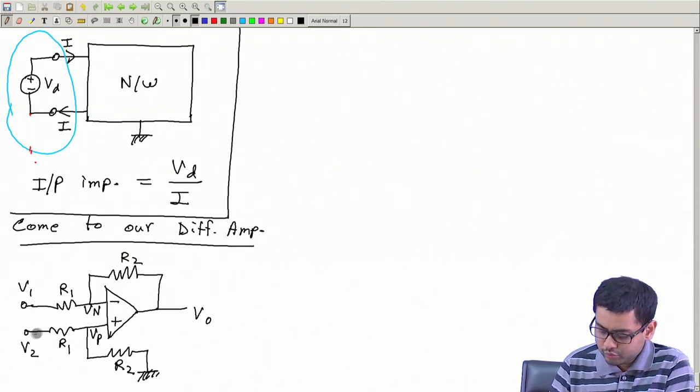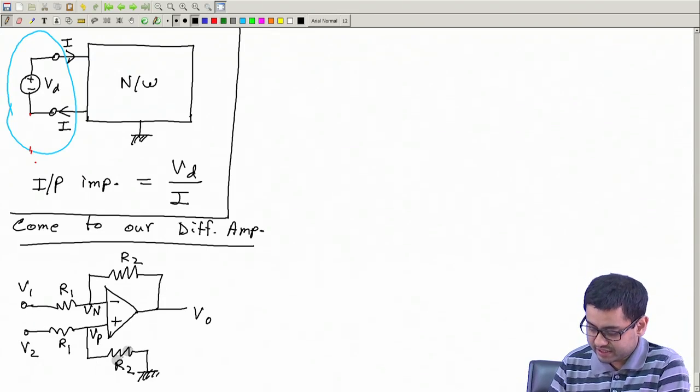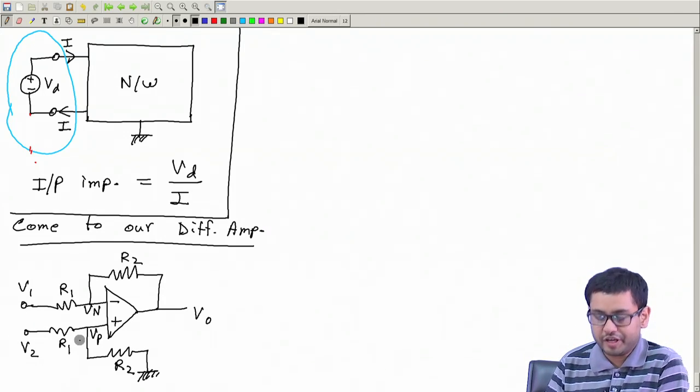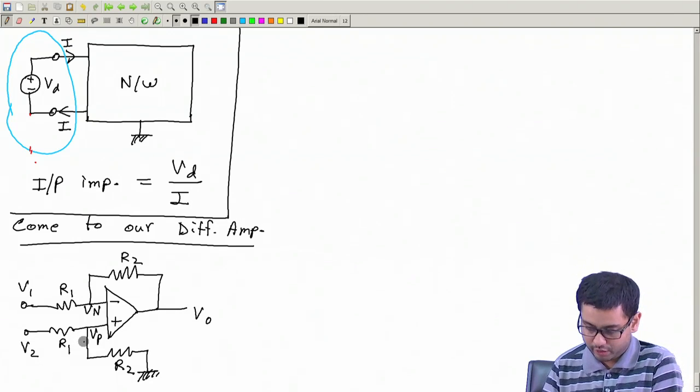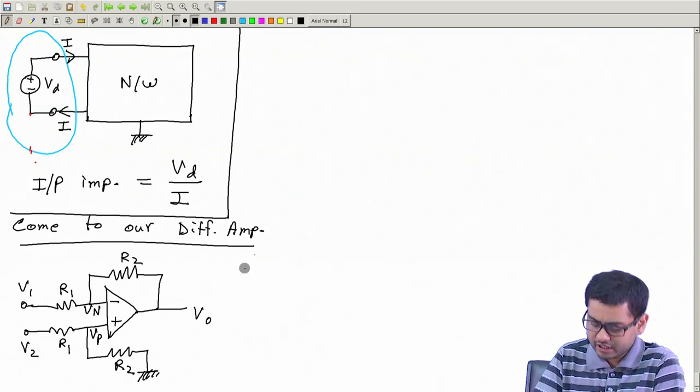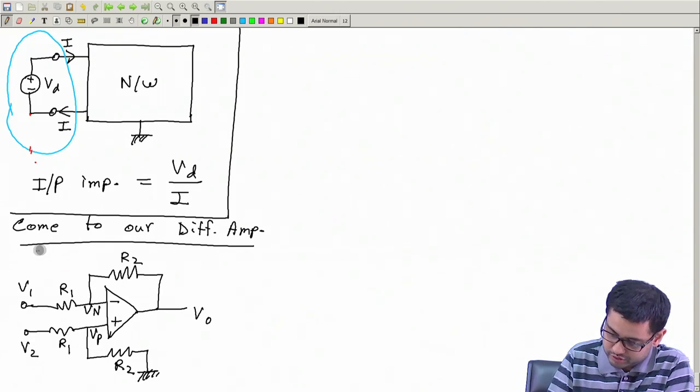As we have said, we can connect this in two different ways, one with a common ground, another without a common ground. So first let's take without common ground.